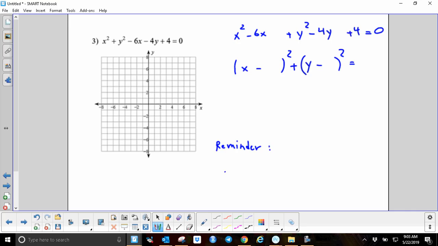If x minus 2 squared, what would it be? It will be x squared plus 4 minus 2 times 2 times x.